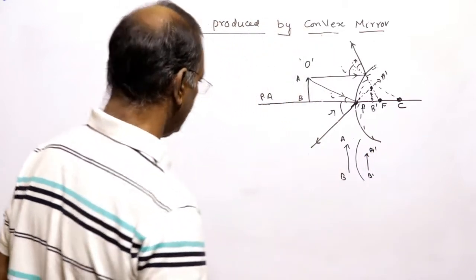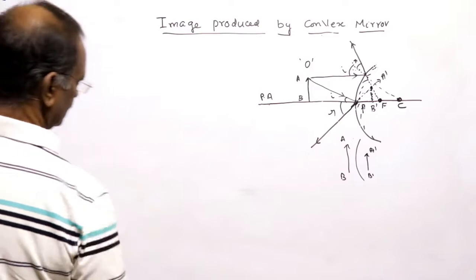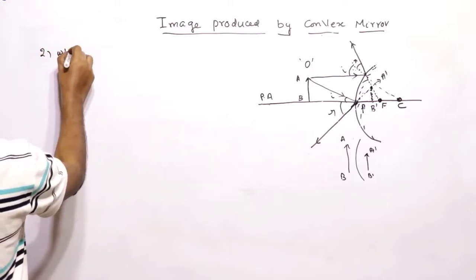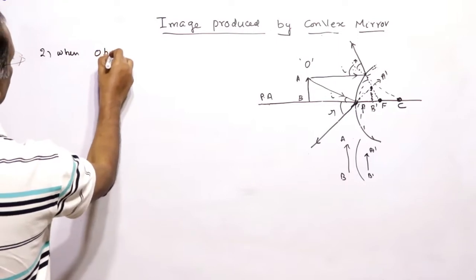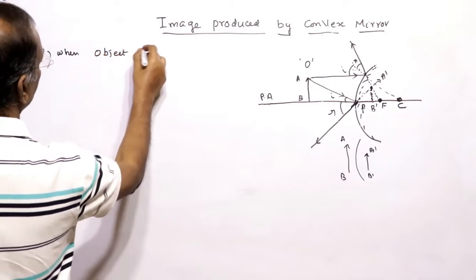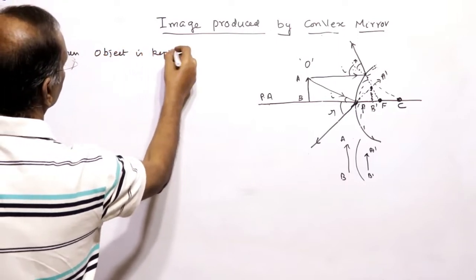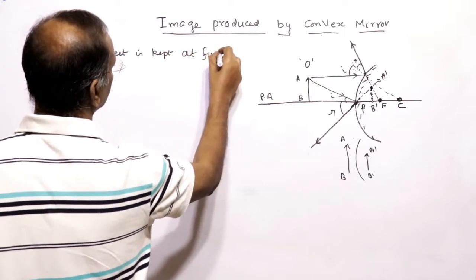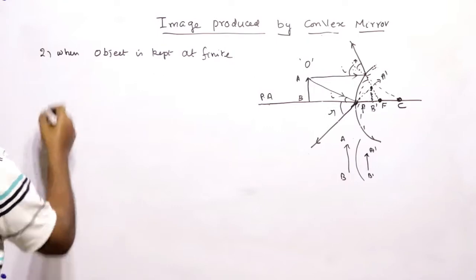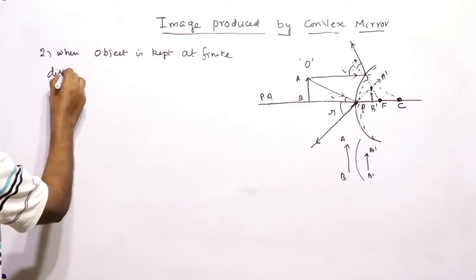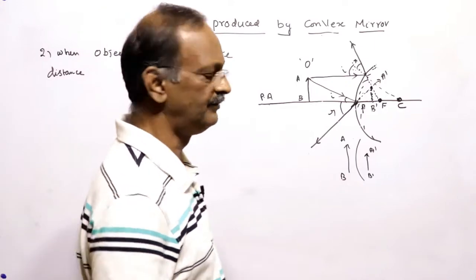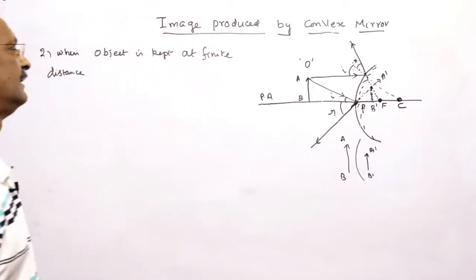So we can see, in case 2, when the object is kept at a finite distance, not infinite, because we have already seen the case of infinity.